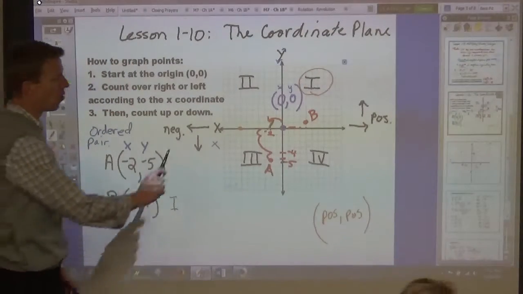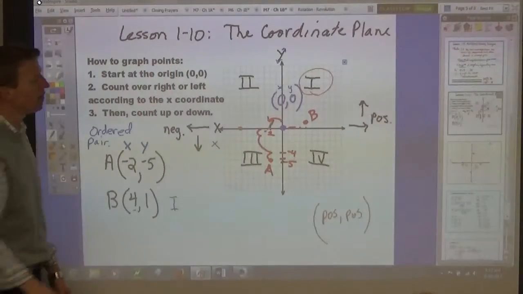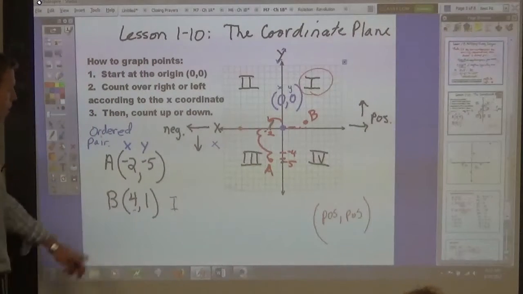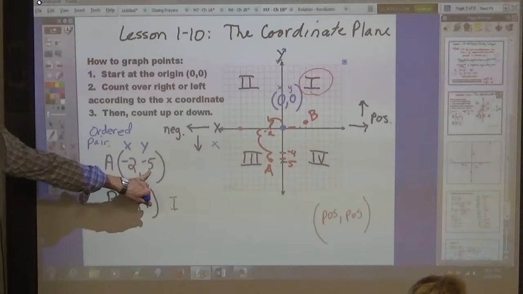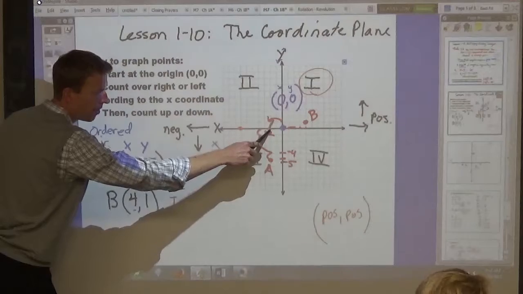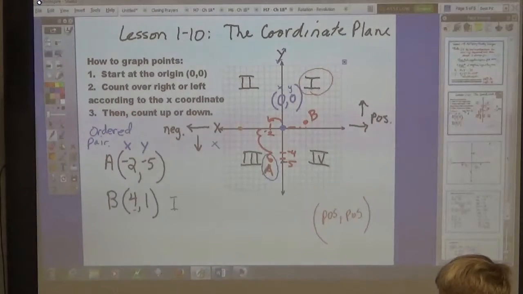So you first go right or left according to the first number, and then you go up or down according to the second number. So if you're graphing a point like -2, -5, you would go 2 to the left, and then from there you go down 5 and mark the point, point A.